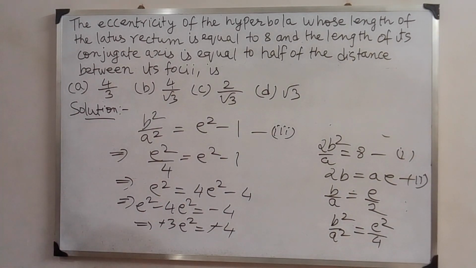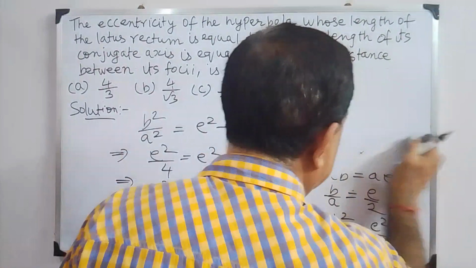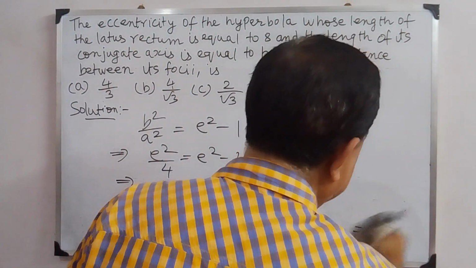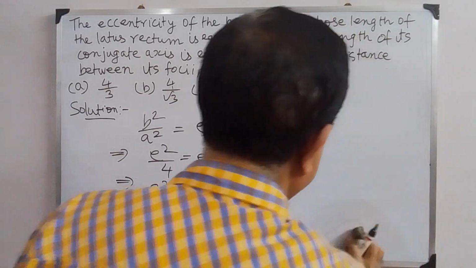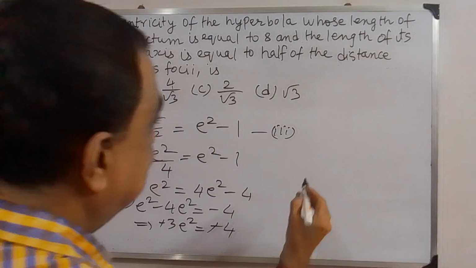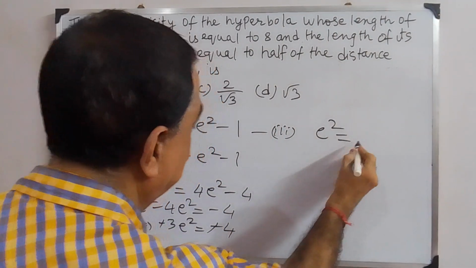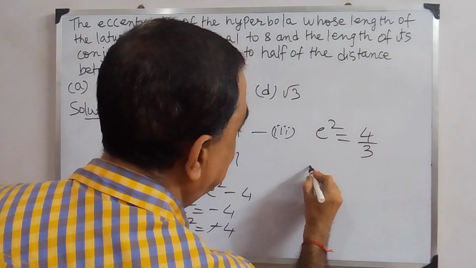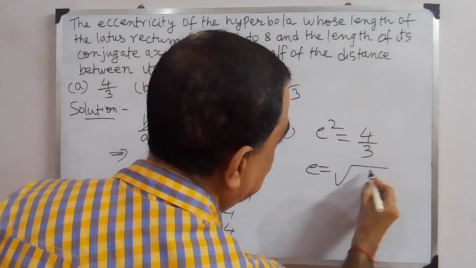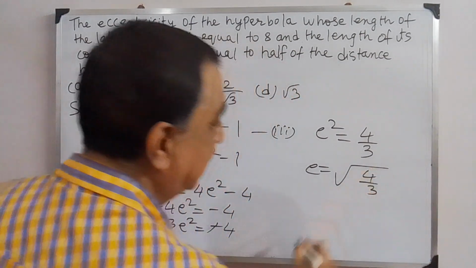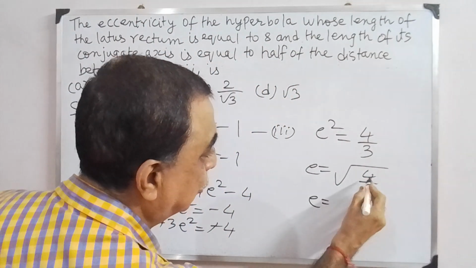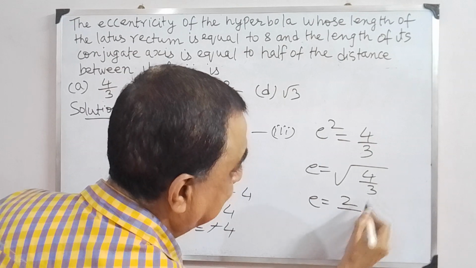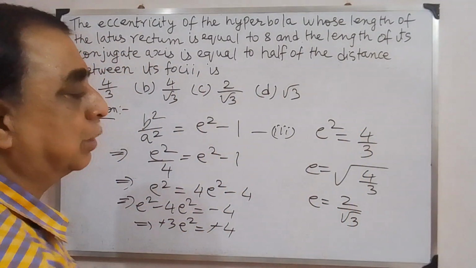The minus cancels out, so e squared is equal to 4 by 3. So e is the square root of 4 by 3, which is equal to 2 by root 3, since the square root of 4 is 2.